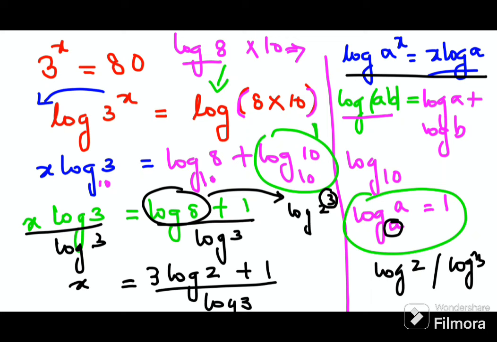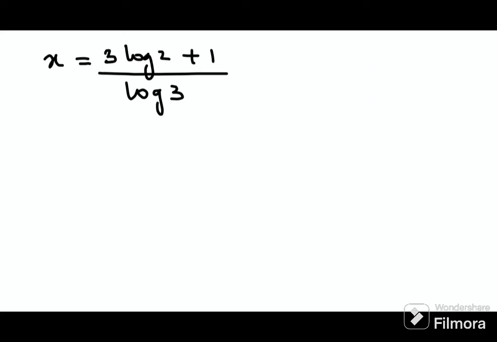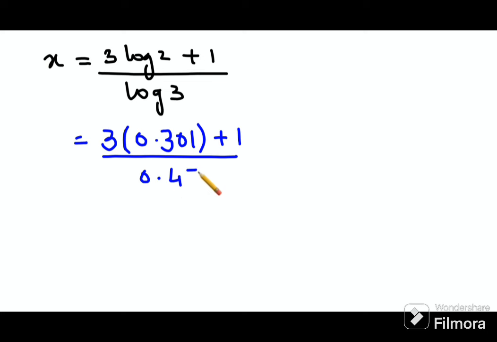Now, time for us to put the values. We all know the value, or if you don't know, I'm going to mention this: log 2 value is nothing but 0.301, plus 1. And log 3 value is 0.4771.